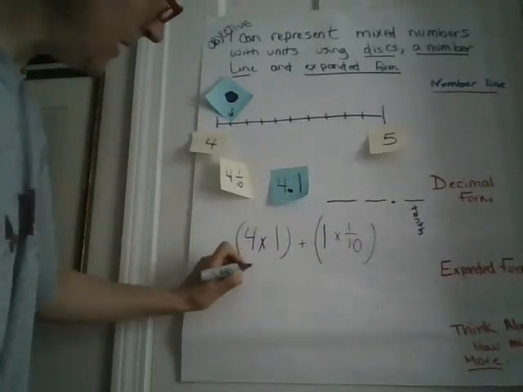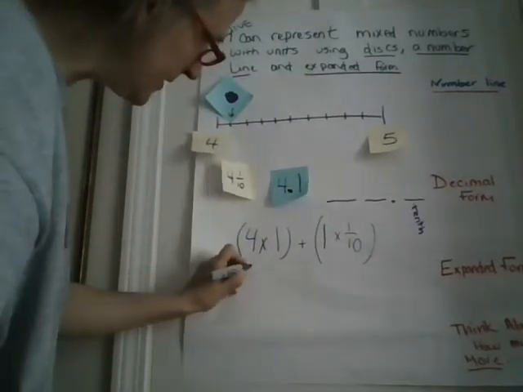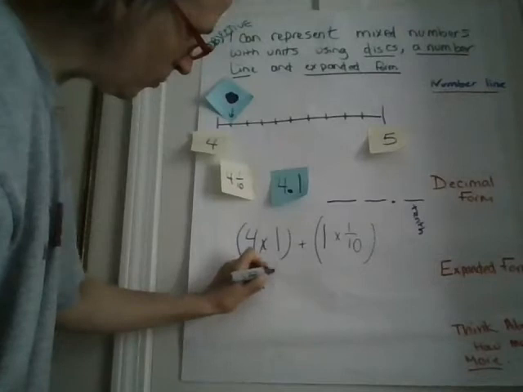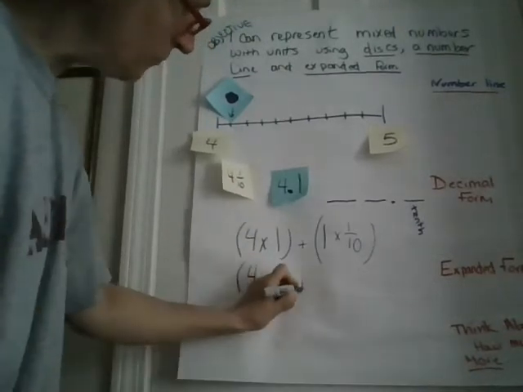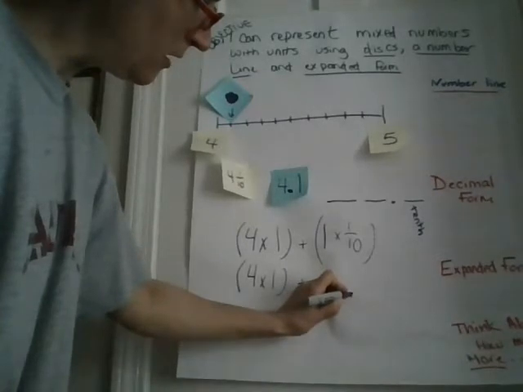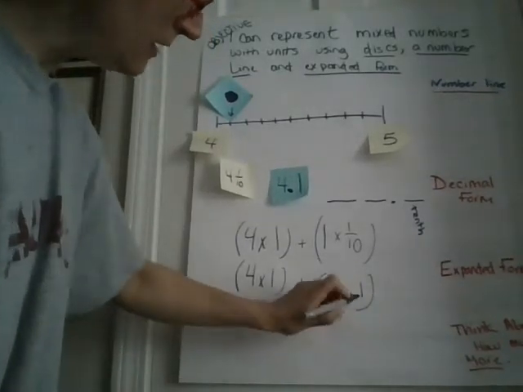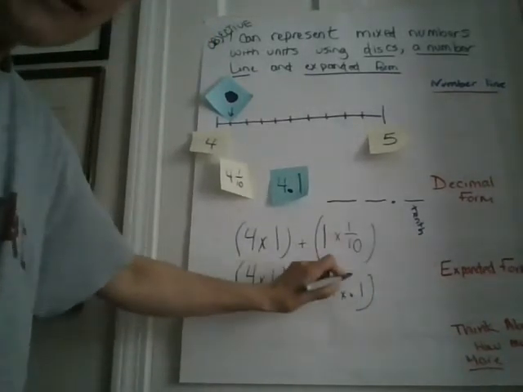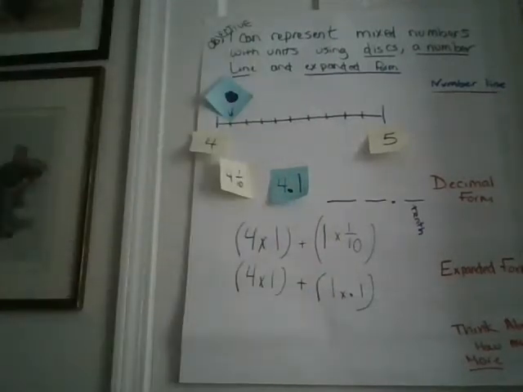So then I can also talk about it as the decimal by saying 4 groups of 1 and 1 group of 1/10. These are the same thing, just talking about it in different ways.